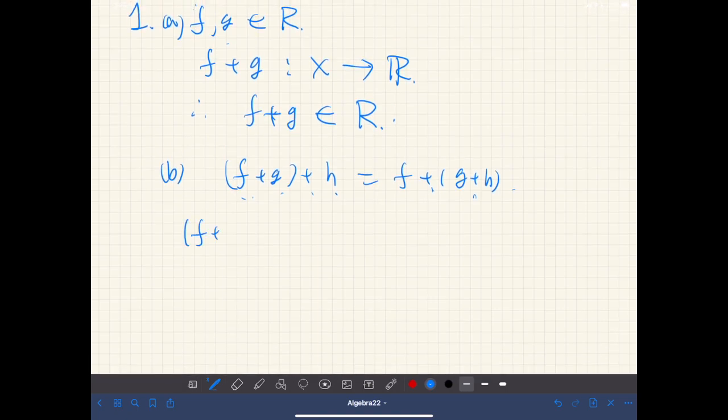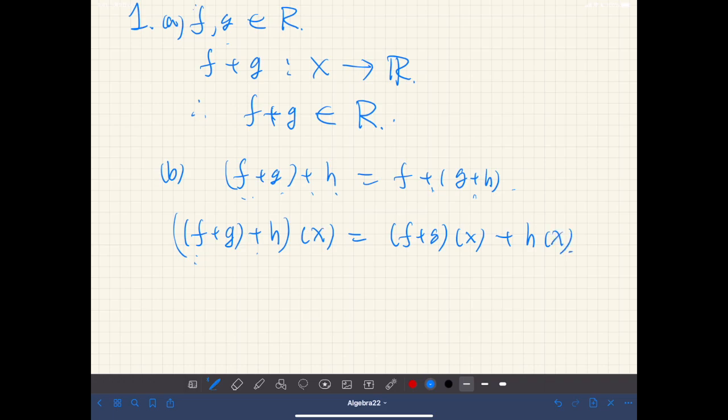So (f plus g) plus h, if we apply this function, this is a new function, right, to an element of x, then by definition of this addition, we have (f plus g) of x plus h of x, right?